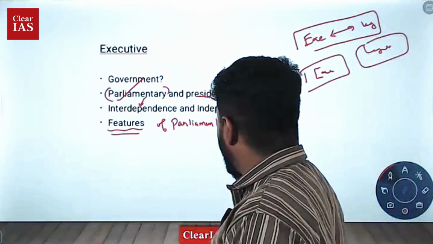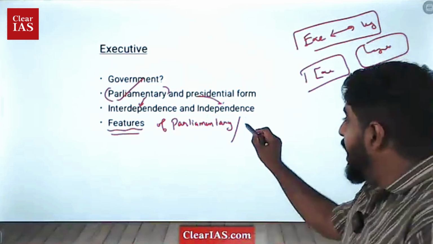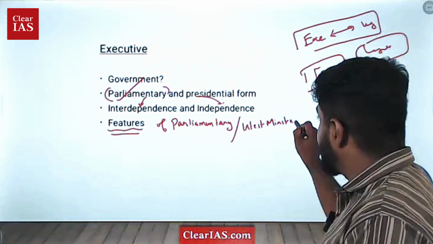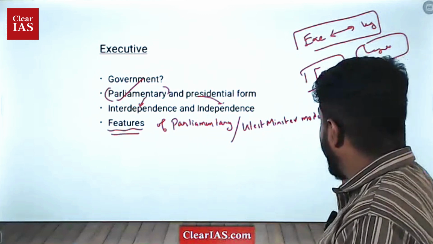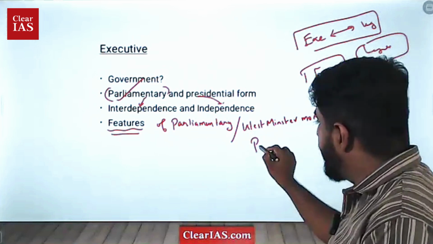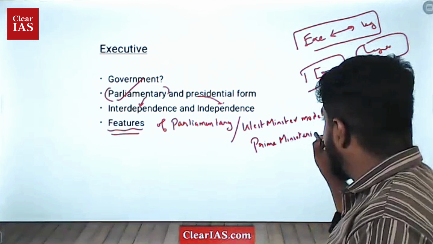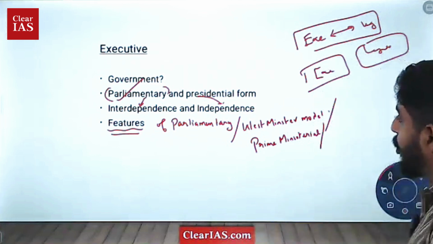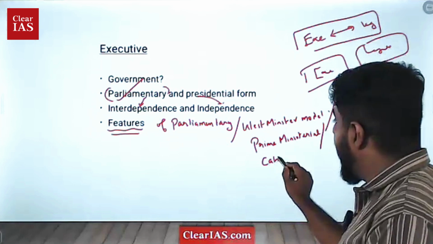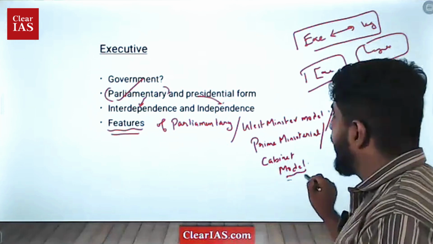The parliamentary model of government is also known as the Westminster model of government, or the prime ministerial model of government, or in other words, the cabinet model of government.